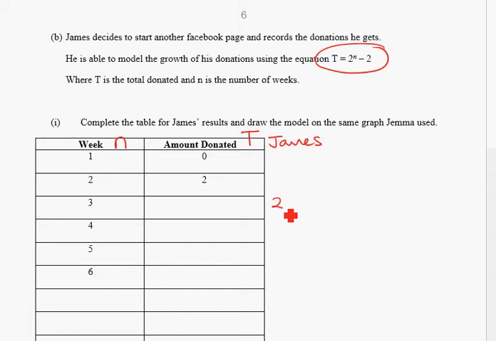So that'll be 2 to the power of 3 minus 2. 2 to the power of 3 is 8, minus 2 is 6. 2 to the power of 4 minus 2. 2 to the 4 is 16, minus 2 is 14. And you can check these numbers. I think we should go up to at least 8, like the previous graph.